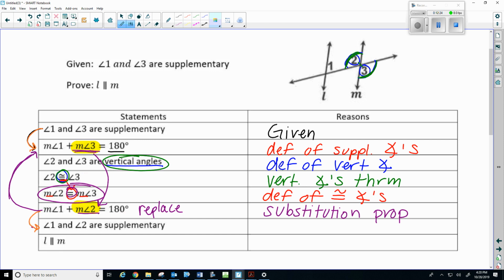Therefore, the measurement of angle 1 plus the measurement of angle 3 equaled 180 degrees. Now we're going the other way around. We're saying the measurement of angle 1 plus the measurement of angle 2 equals 180 degrees. Therefore, angle 1 and angle 2 are supplementary. It's the exact same definition of supplementary angles.